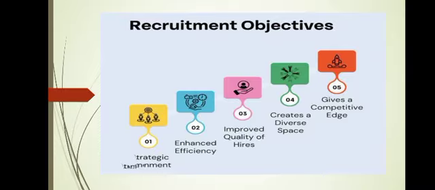Sometimes homemakers and sometimes physically challenged employees also may have some skills, so let's utilize them. Every part of society, every angle, you are considering and you want to make them part of the organization. These are the important objectives of recruitment.